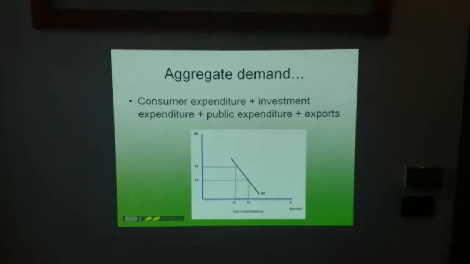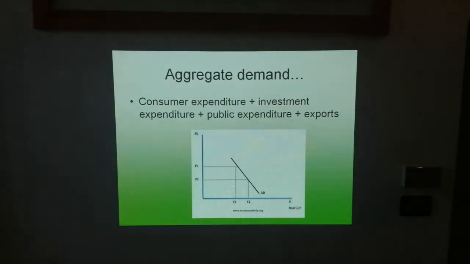Very important, because when we talk about government economic policy a bit later, we need to think about aggregate demand and whether it should be more or less, etc.